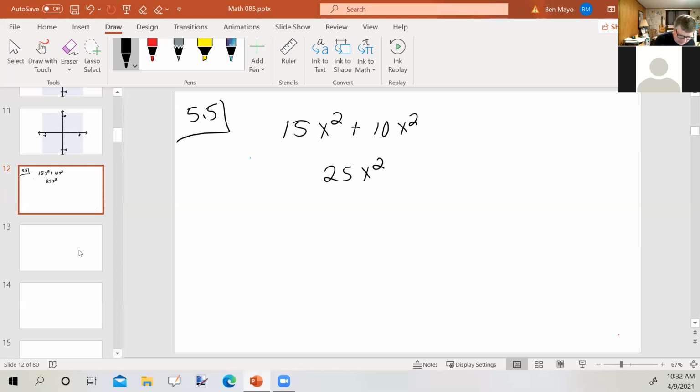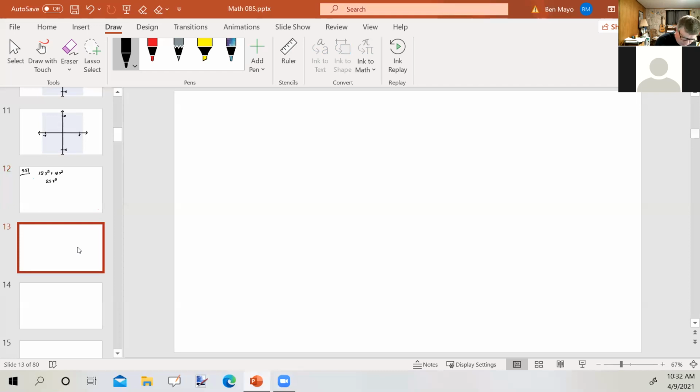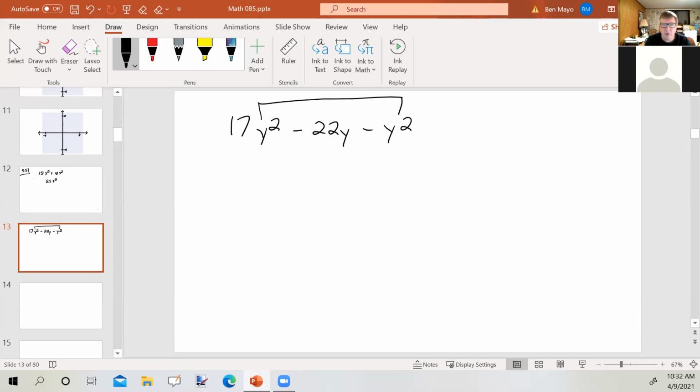All right. Let's say we've got the following situation: 17y squared minus 22y minus y squared. Even though all three terms contain the variable y, they are not like terms. The first and the last terms are alike. They both contain y squared.